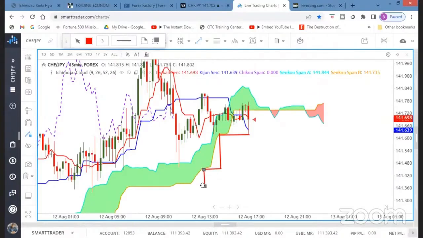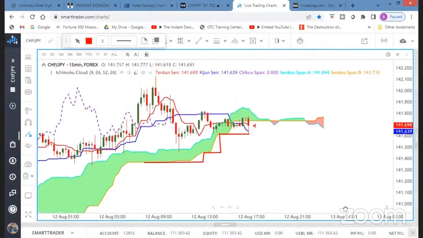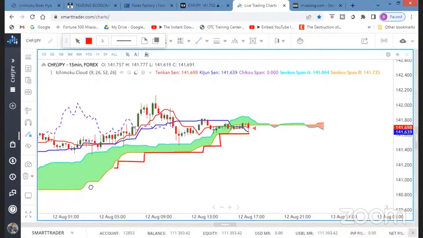See how it pulls all together, at a glance? Ichimoku, right? You see this little level here? Those are levels. Those are supports coming in there.